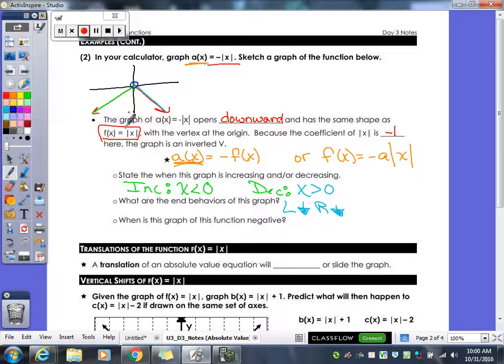I didn't get into this just yet last time because I was just trying to get you to understand the whole positive, negative. Are you positive or negative at 0? No. So when is this function negative? The whole thing is negative, so x is an element of the reals, except x cannot equal 0. So that's just saying everything is negative except for that one point when x is 0, because then it's 0 and that's neutral.